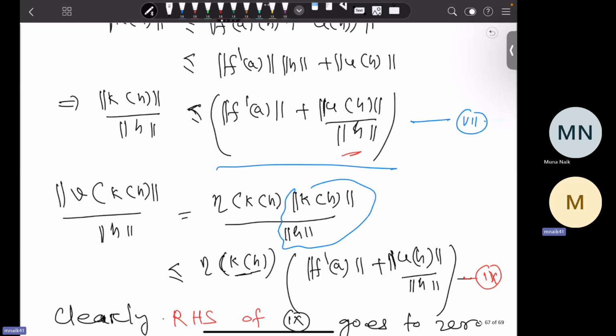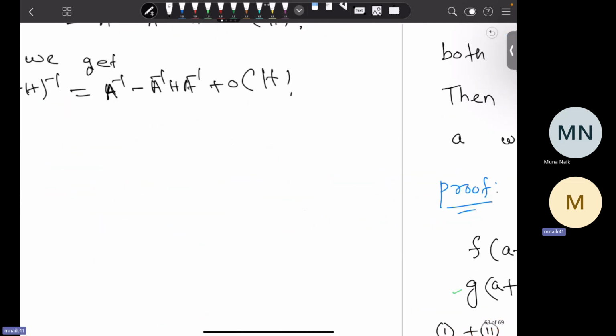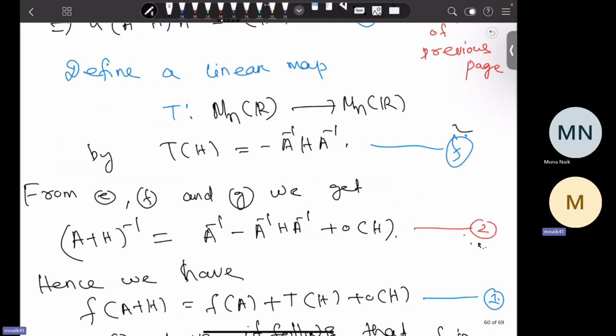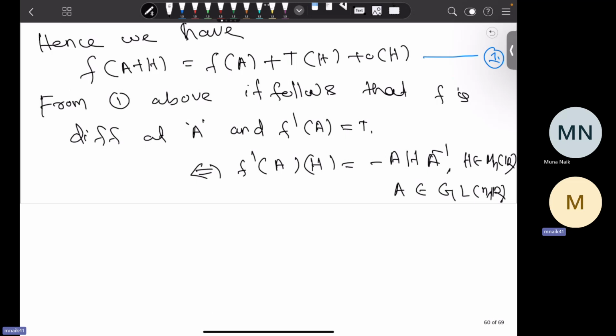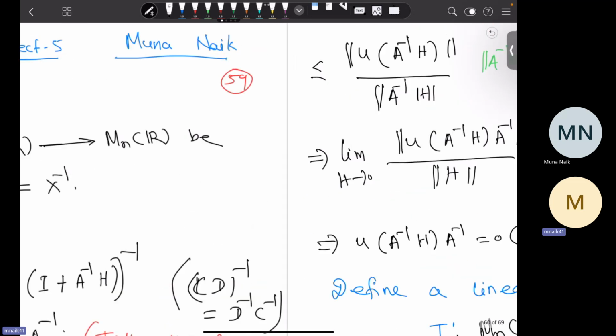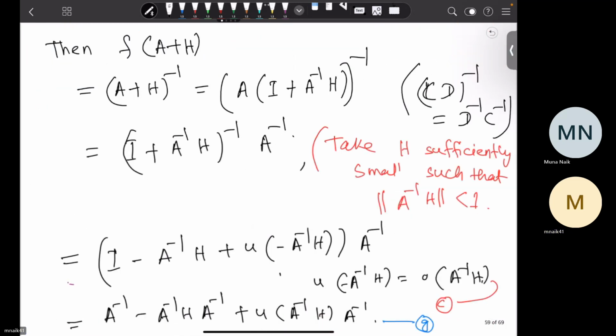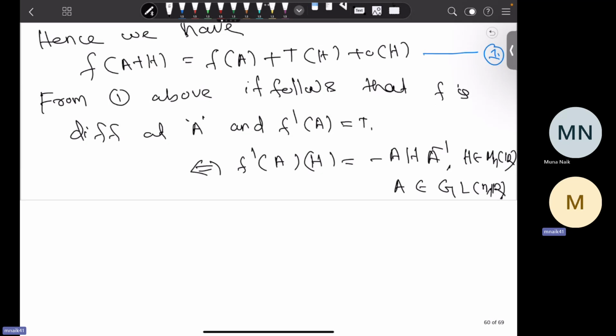This is clear. We saw it in the previous class. If f of x is x inverse, then f prime of a at h is minus a inverse h a inverse.